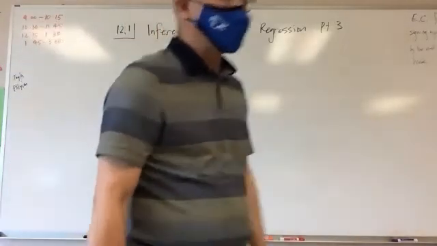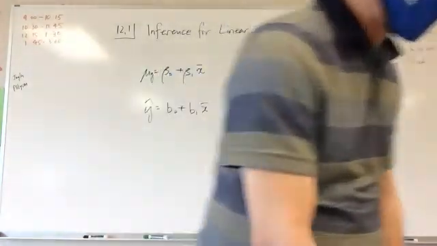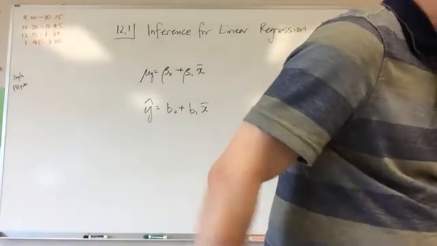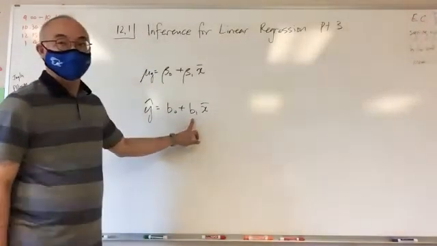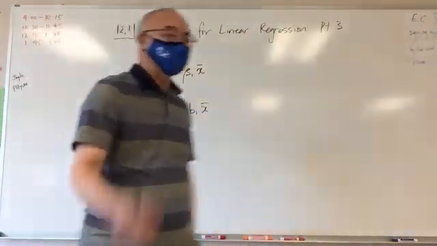Okay, so let's go. We are on page 776, estimating the parameters. It says that this is going to be an unbiased estimator for this. We talked about that, but here's the thing.